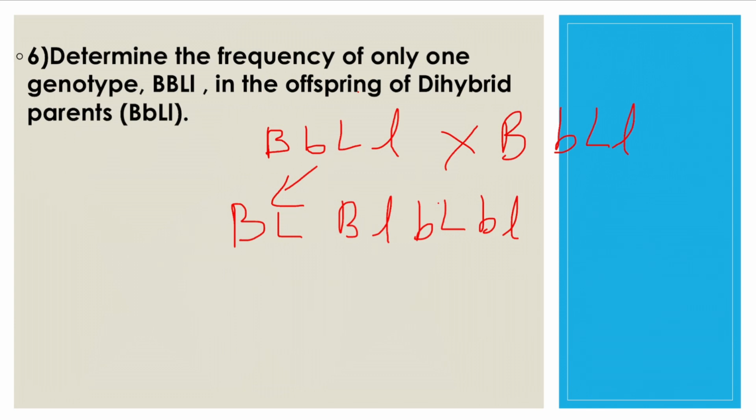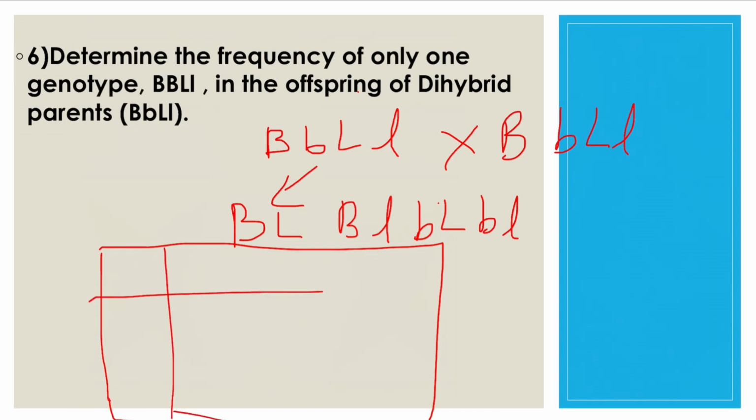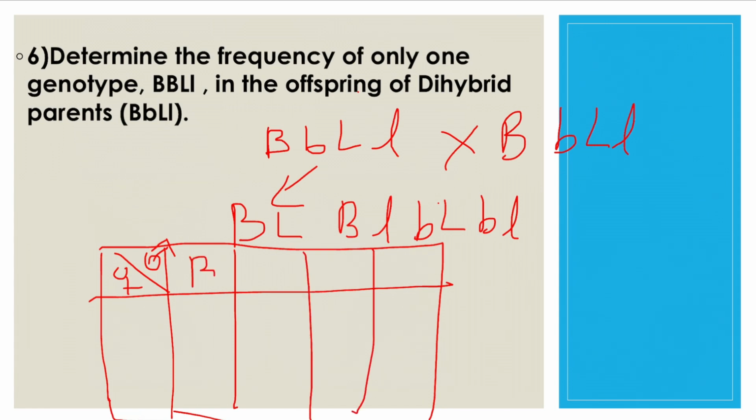It means that on the checkerboard you will keep these 4 gametes here, these 4 here, and the same on the other side.